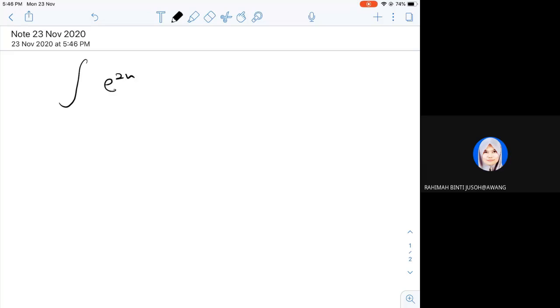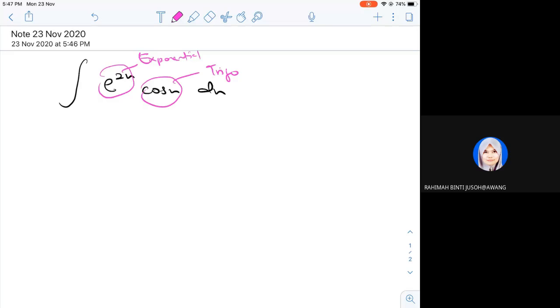Exponent 2x cos x dx. This is the group of exponential, and this is trigo.